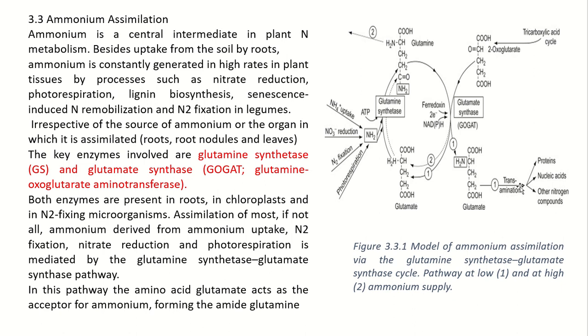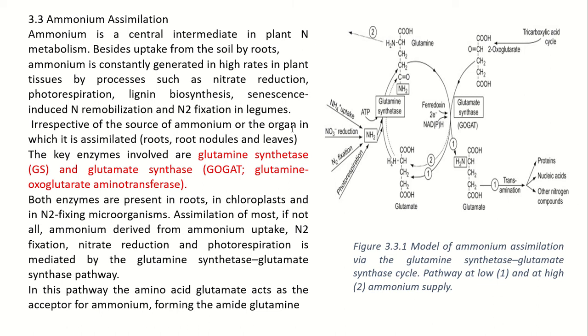Here is glutamate, here is glutamate synthase, one to one, continuously formed. The intermediate 2-oxoglutarate is formed from the TCA cycle. And this transamination reaction will convert it into protein, amino acids, and other nitrogenous compounds.